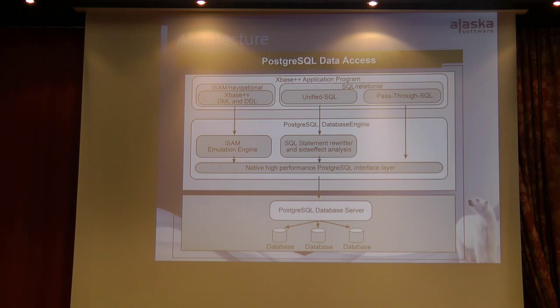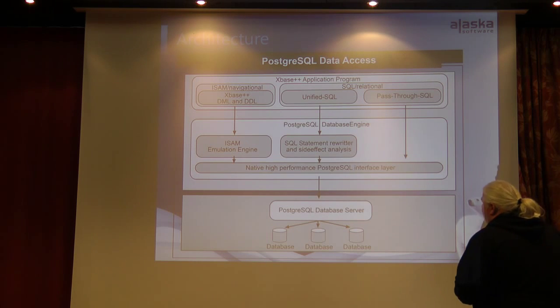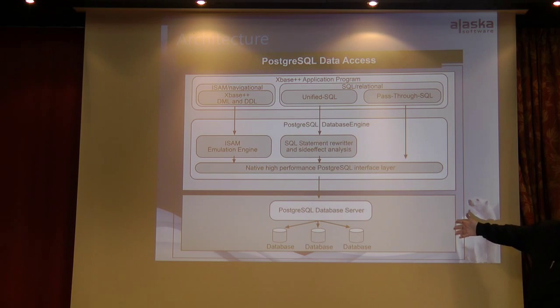And then there is the pass-through SQL, because, for example, the PostgreSQL server has a lot of, let's say, proprietary commands and functionality, which you can use with the pass-through SQL if you like. Which means you can send any SQL command to the server system.